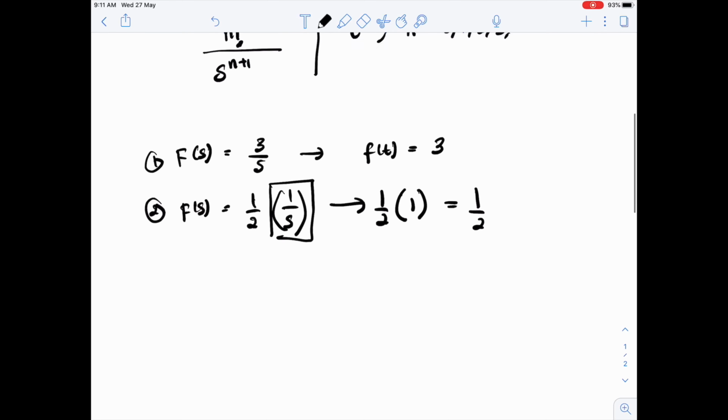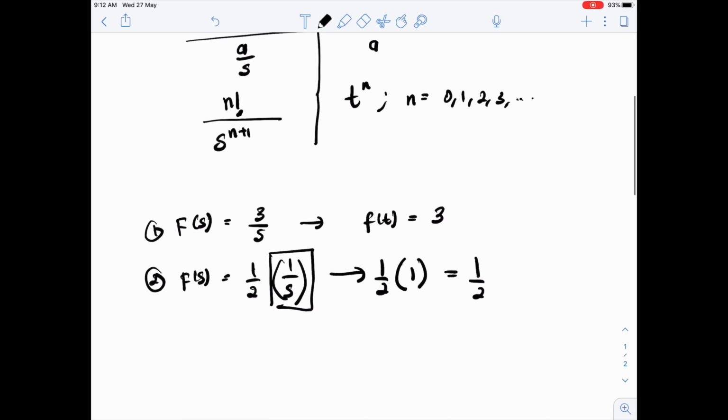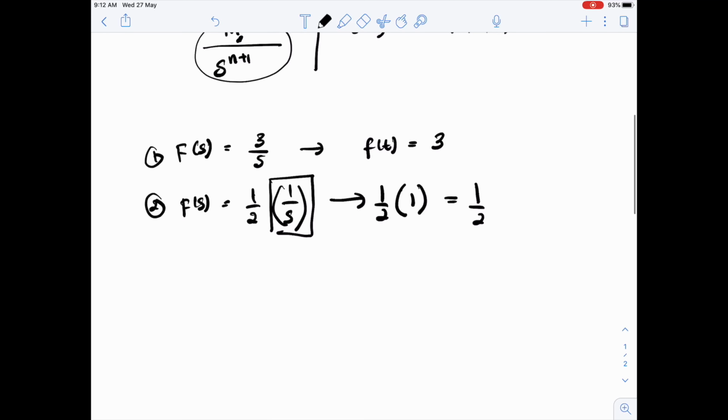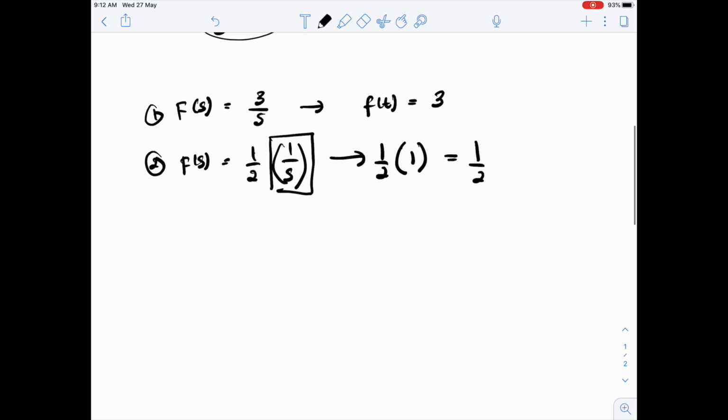Let's go for another one, which is the factorial terms. If you have the denominator with a power of more than 1, for example 1 over s to the power of 2, there is a step to do, because we need to differentiate this one with plus 1. So this is actually our F(s), 1 over s to the power of 1 plus 1.